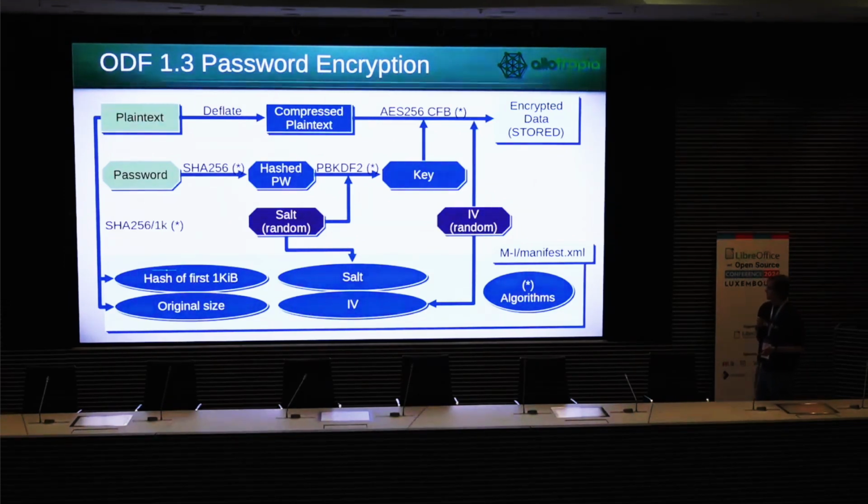The way PBKDF2 works is basically it is running a hash function, and the output of it is then run through the same hash function again, and you iterate that 100,000 times. This needs an additional input, a bit of random data called salt.